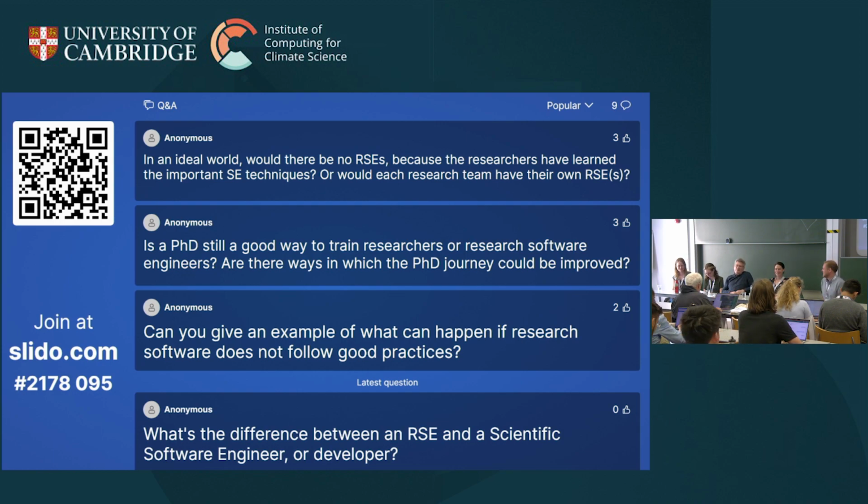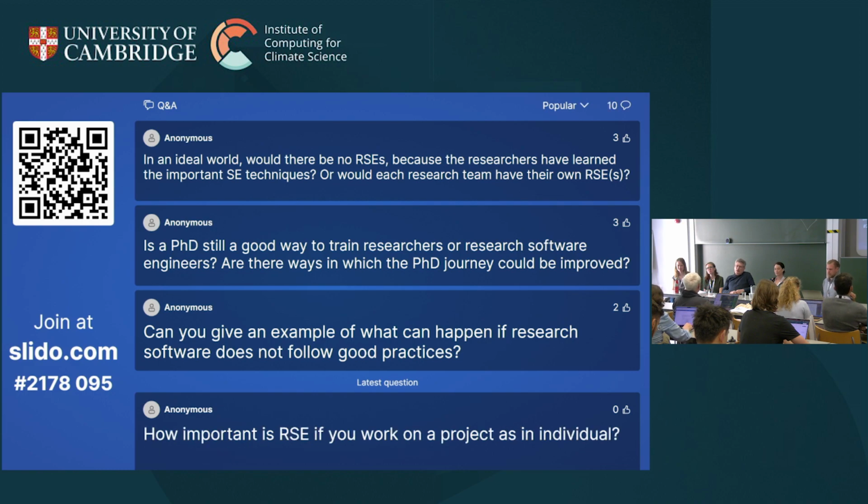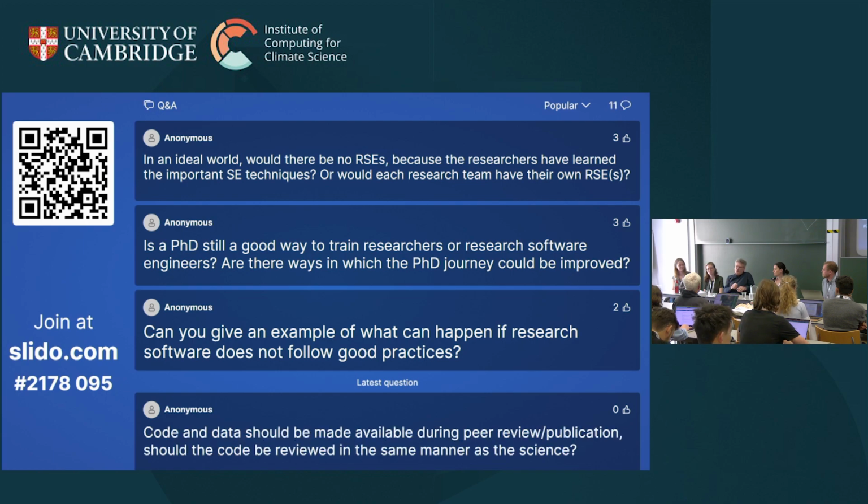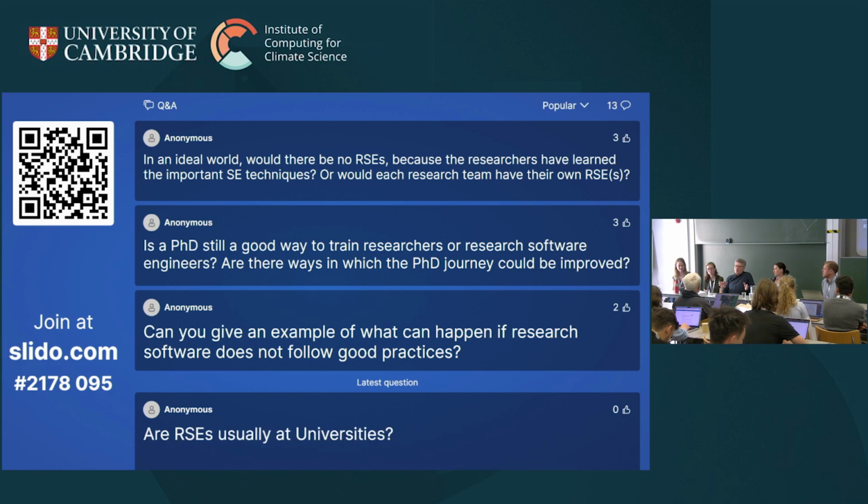I think there will be a place for people who have a specialism in RSE. I think that will continue. The reason being, science is a team sport. The concept of, I'm going to be a little bit sexist here because this is from the 18th century, the gentleman scientist, the individual scientist who has the leisure time or the funding and the experience to perform all of the science themselves in isolation.